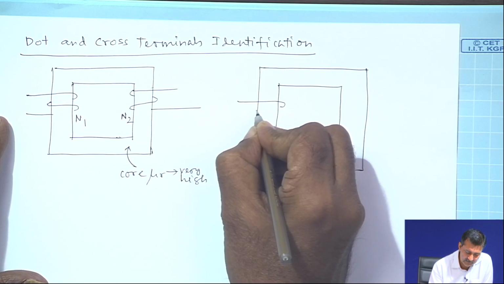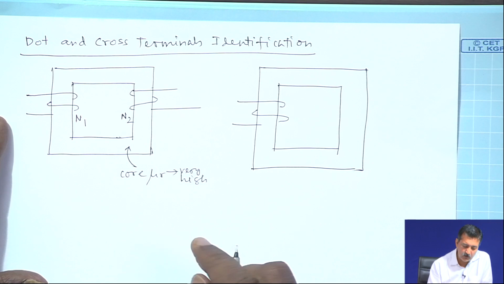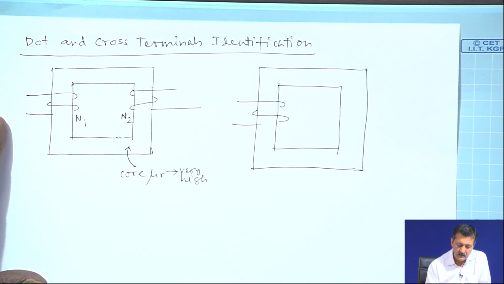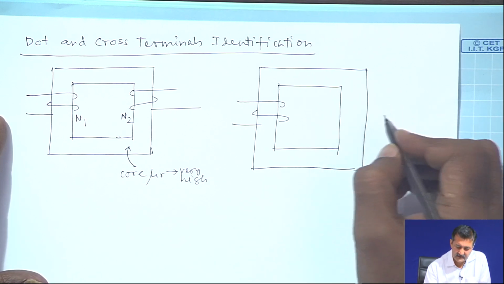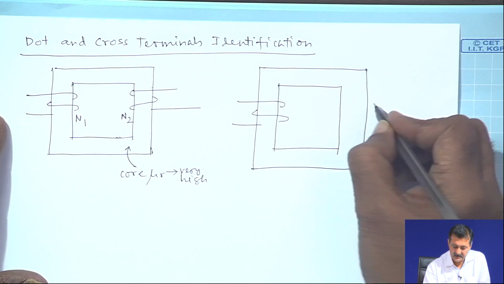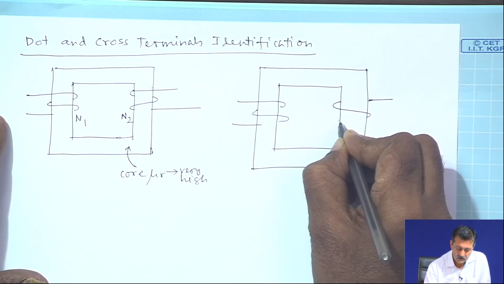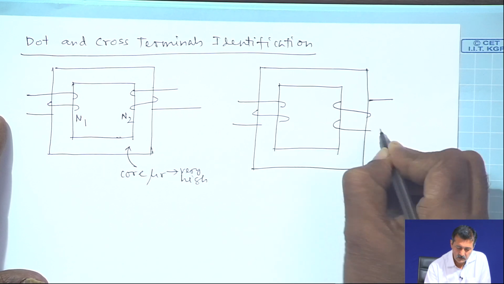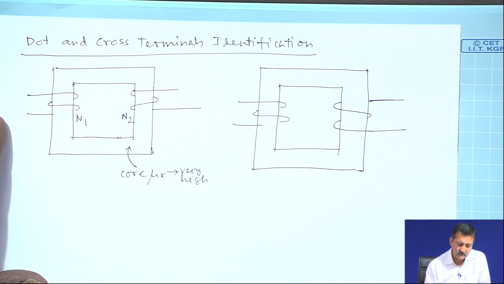Primary I am not changing, you can see that I am maintaining the same way of winding the coil, same orientation of rotation, and then on the secondary side I am changing it. Secondary I am changing this way. Do you see the change?